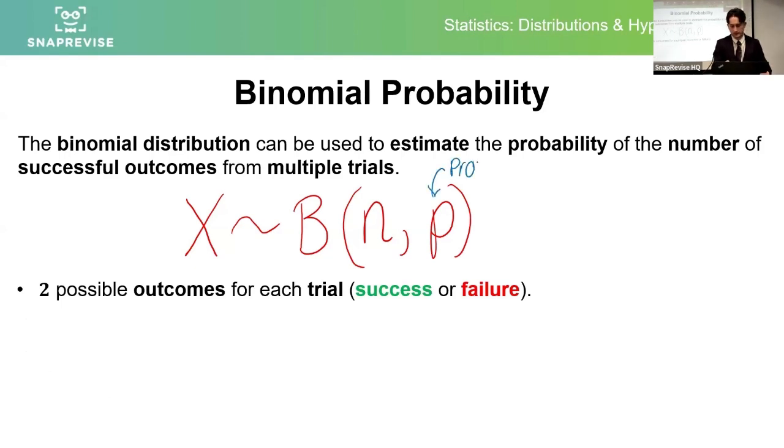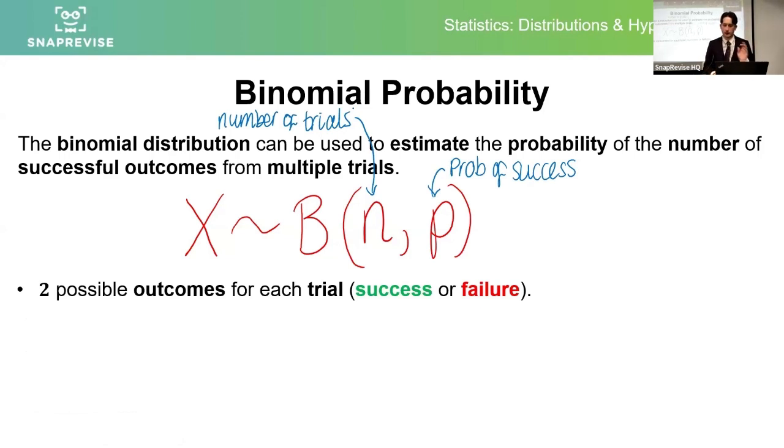People do find this notation a bit weird and wonder how to even say it. So we say X follows the binomial distribution with N number of trials and P is the probability of success.